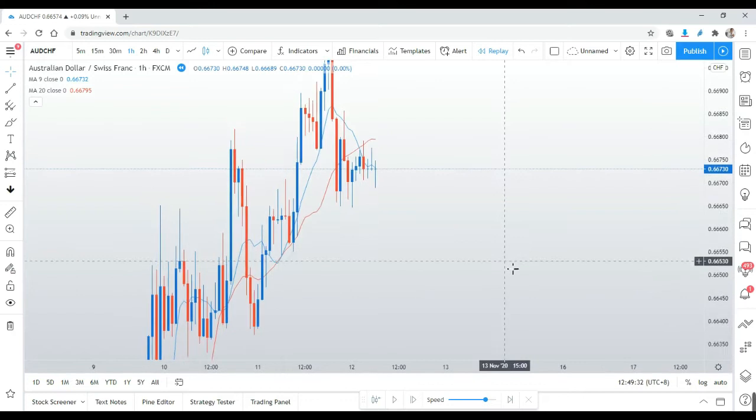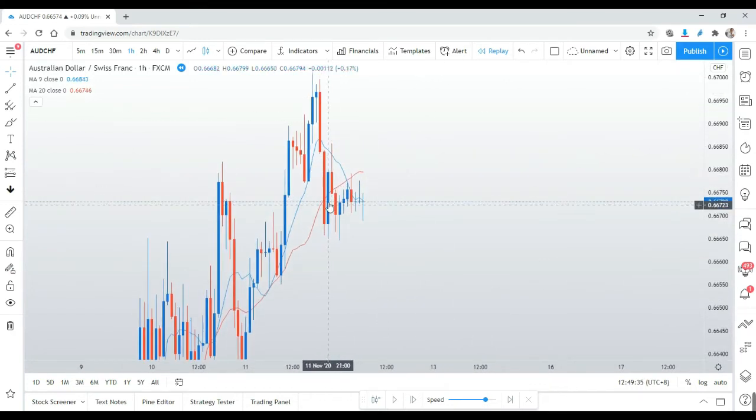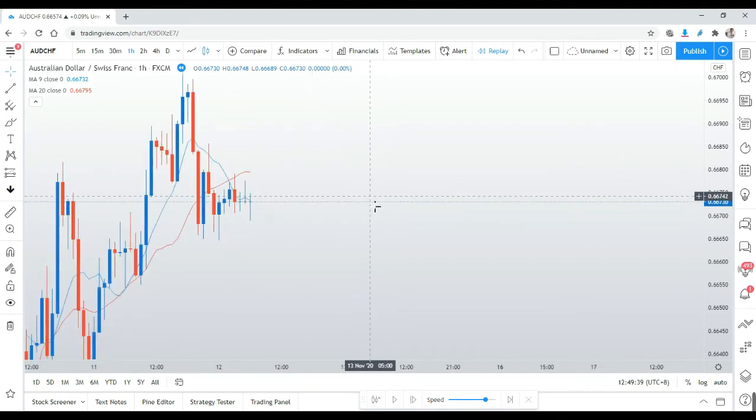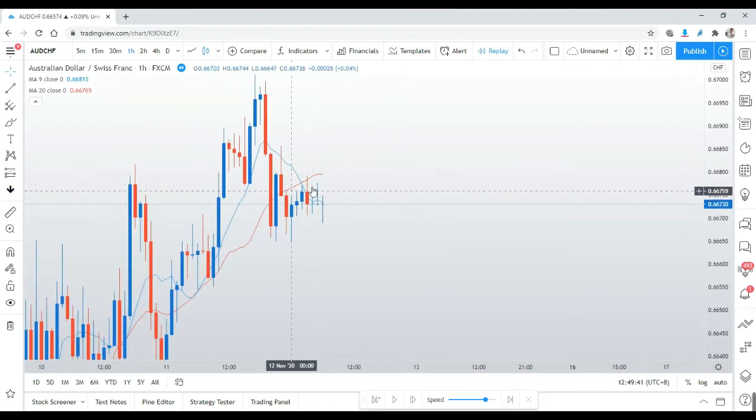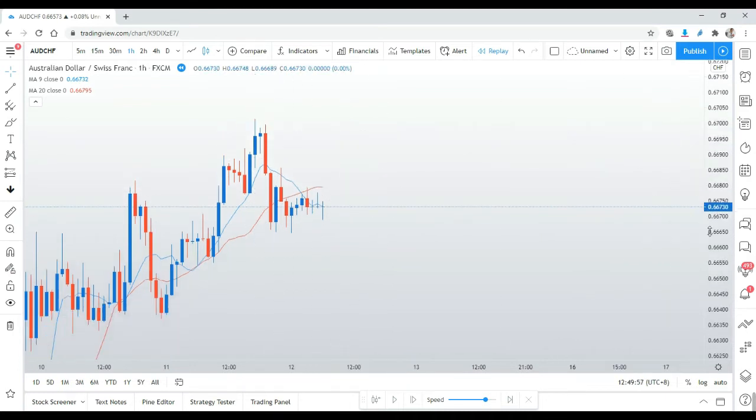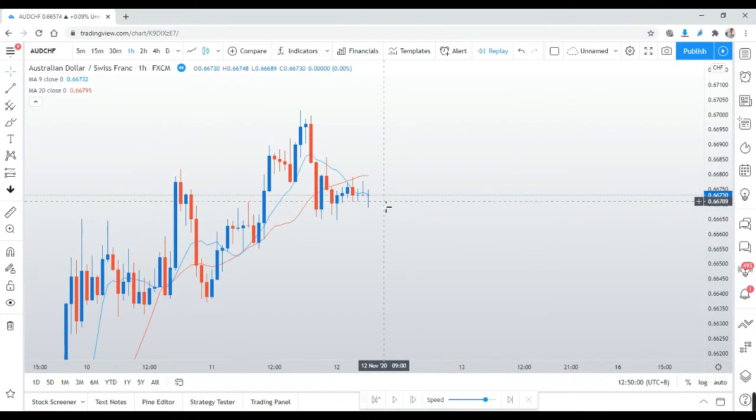You can see the price drops a bit and then moves sideways, then the MA crosses at this point. Now you will have doubt: is this the correct entry? Because the price is moving sideways and you have no knowledge of what the price is going to do.